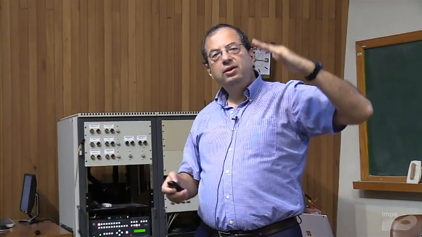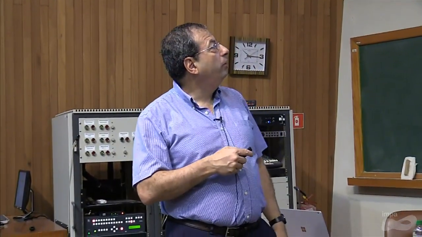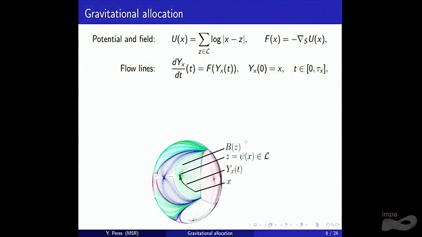Okay? And then we have an ordinary differential equation, a dynamical system, which says at any point, this is y_x(t). It starts at x, and the derivative at time t is just this function f at y_x(t). So this is exactly gradient flow or gradient descent for this potential.